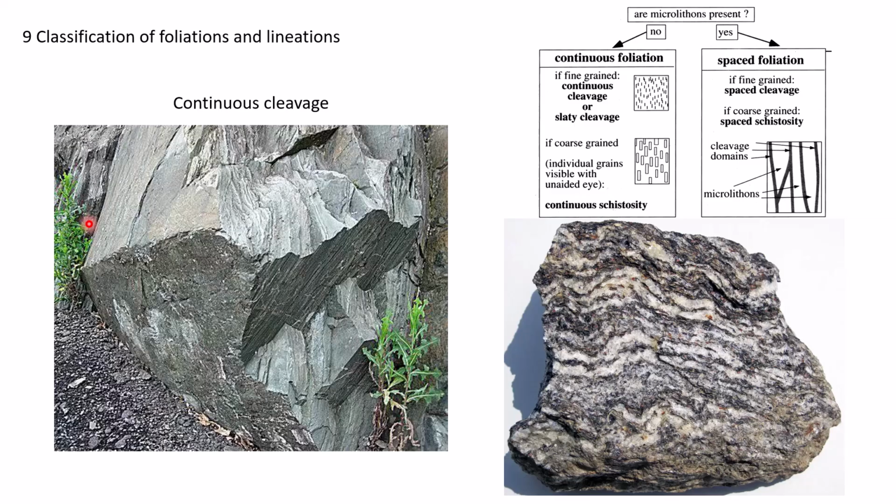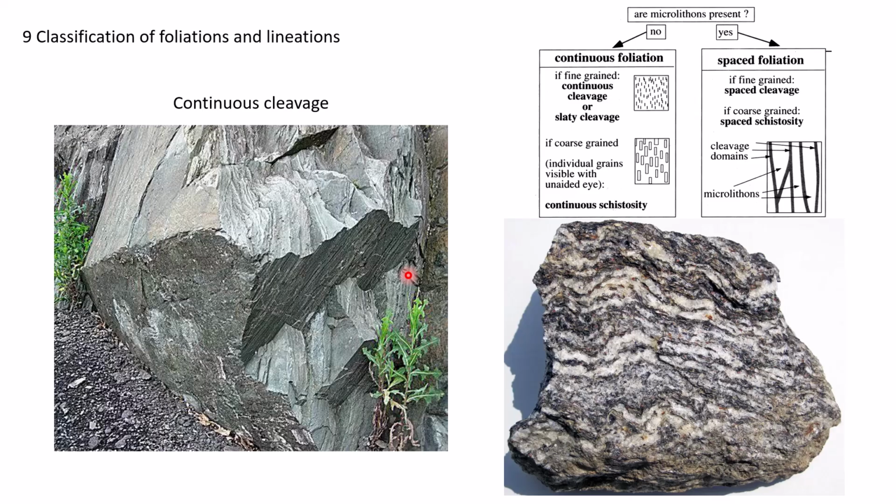Here we see some examples. On the left-hand side, this is a phyllite. You can see the silky, shiny surface. A metapelitic protolith can be assumed in this case. And we see a very strong foliation that is developed throughout the rock, and there is no separation into more or less intensely foliated parts of the rock.